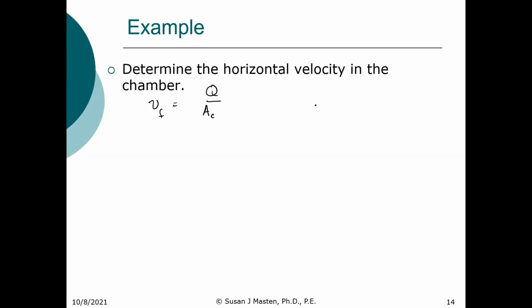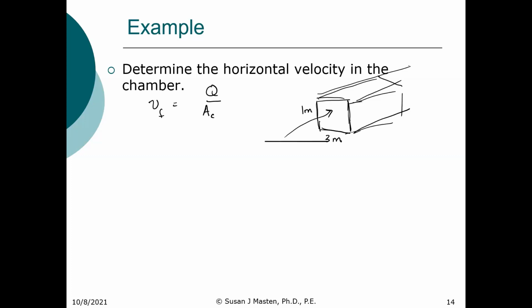Thinking about that same system, we have flow in here, so we need to look at the flow across this cross-sectional area. We have a depth of 1 meter and a width of 3 meters. And I realized I actually calculated Q incorrectly. The problem is I don't have a Q, which means I can't calculate a horizontal flow velocity.